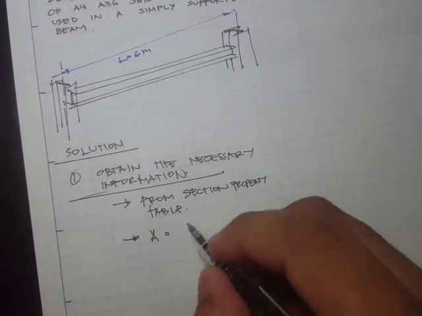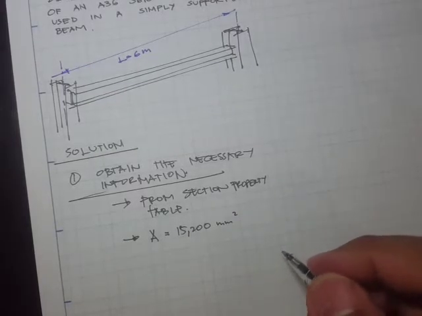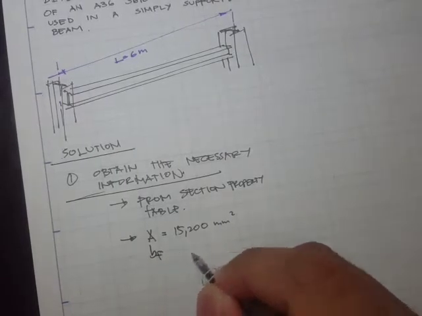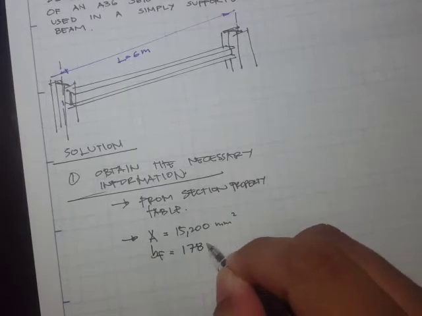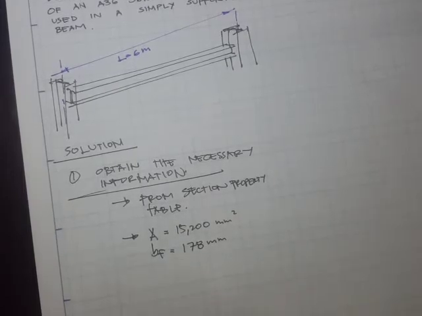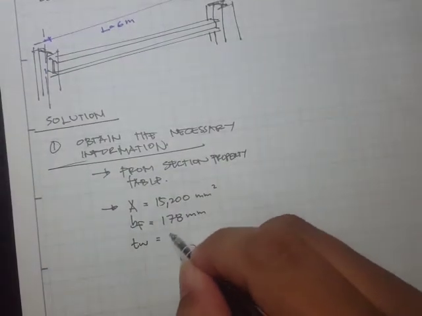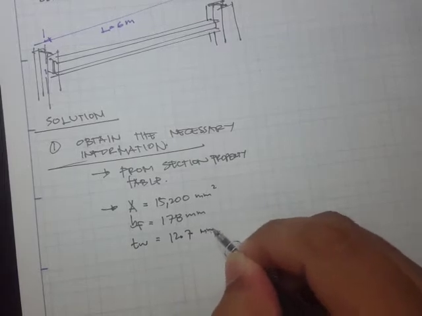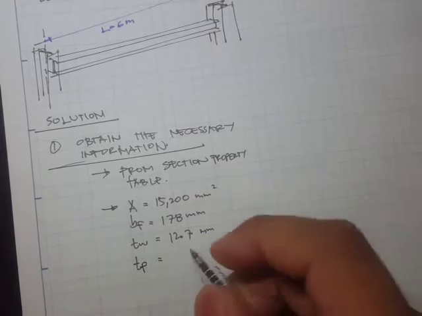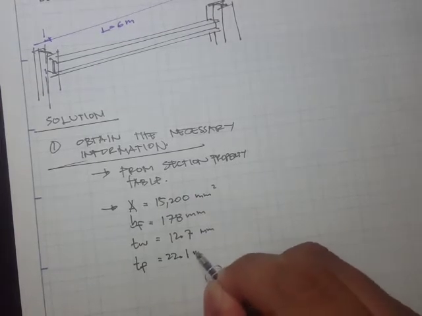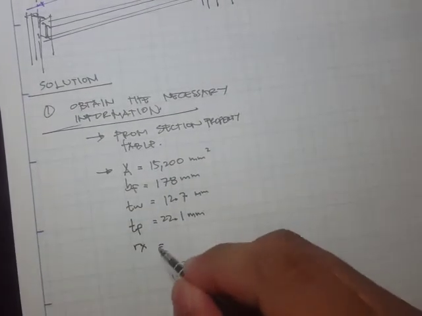our area is 15,200 mm squared, and we'll also need our width of flange, which is 178 mm, and the thickness of web, which is 12.7. Also the thickness of the flange, which is 22.1 mm, and we'll also need our radius of gyration.